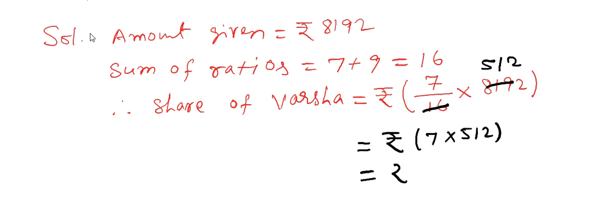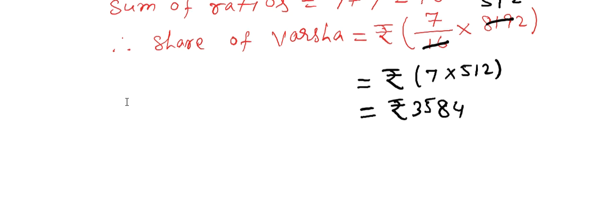First you write the rupees sign, then 7 2s are 14, carry 1, 7 into 1 is 7 plus 1, 8, and 7 5s are 35. 3,584. According to the given condition, Barsa will get 3,584. Now the second one, we will calculate for Anushka, right?